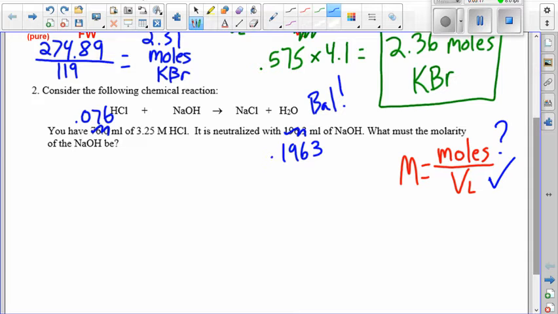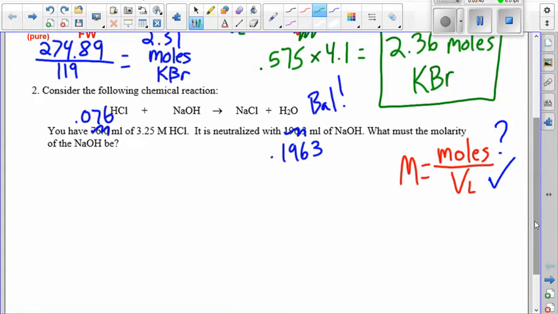Unfortunately, we can't calculate that directly. Now, the beauty of chemistry is, if you ever find the moles of one thing in a chemical reaction, any reactant or product, you will then be able to find the moles of anything else using the mole ratio. So I'm going to find the moles of HCl and then calculate my moles of NaOH from there.